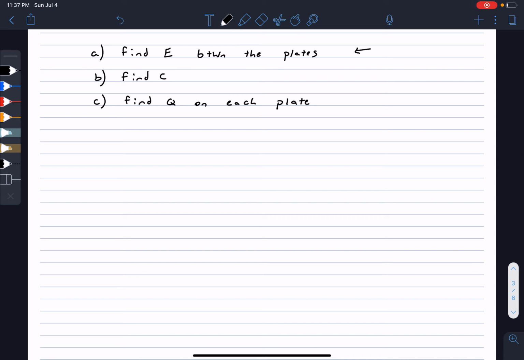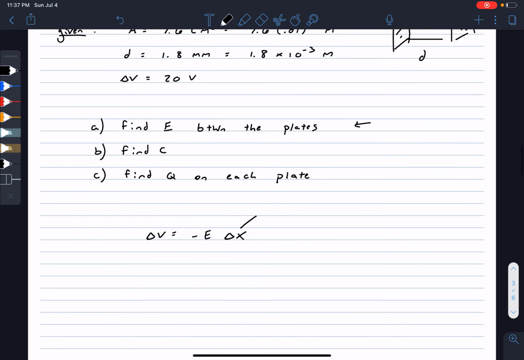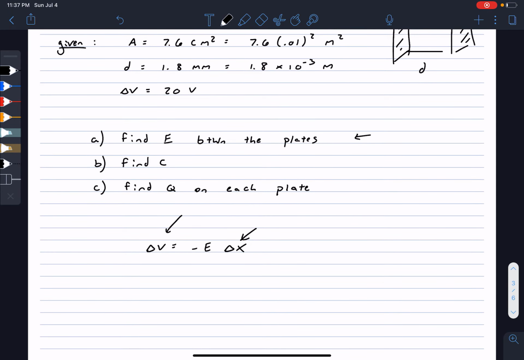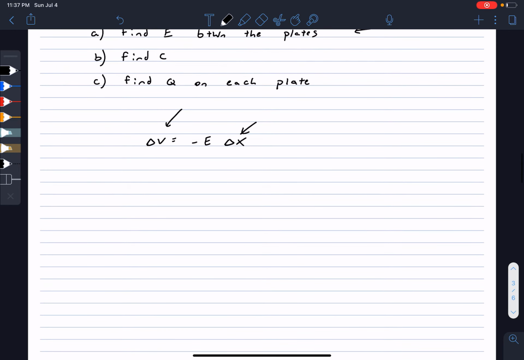Okay, well, we have a formula that we can work with pretty easily. We know what the distance is, we know what the potential difference is, we want to find E. So we just rearrange: negative delta V over delta X. And that's equal to 20 volts over 1.8 times 10 to the negative 3 meters, which gives us a value of about 1.1 times 10 to the 4 volts per meter, which is electric field units.